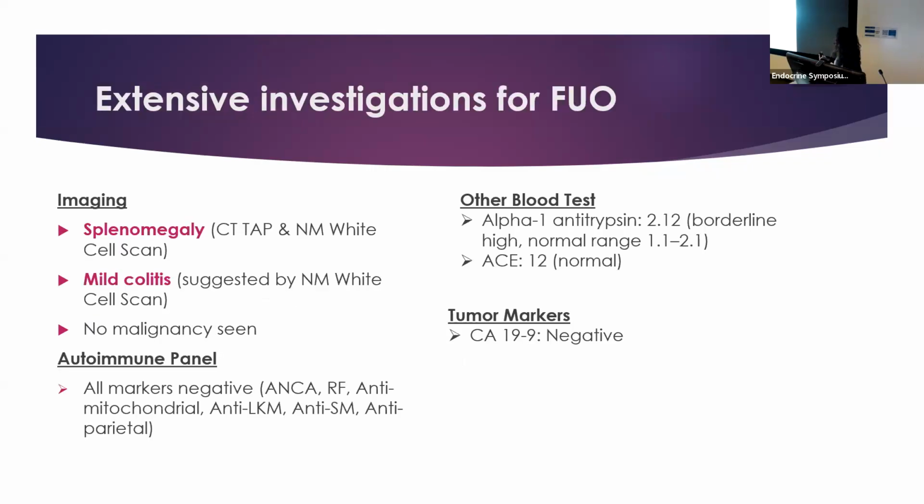We performed CT TAP: splenomegaly, mild colitis, no malignancy seen, and autoimmune panels all negative. The other blood tests, including ACE, were normal. Tumor marker CA19-9 was negative.